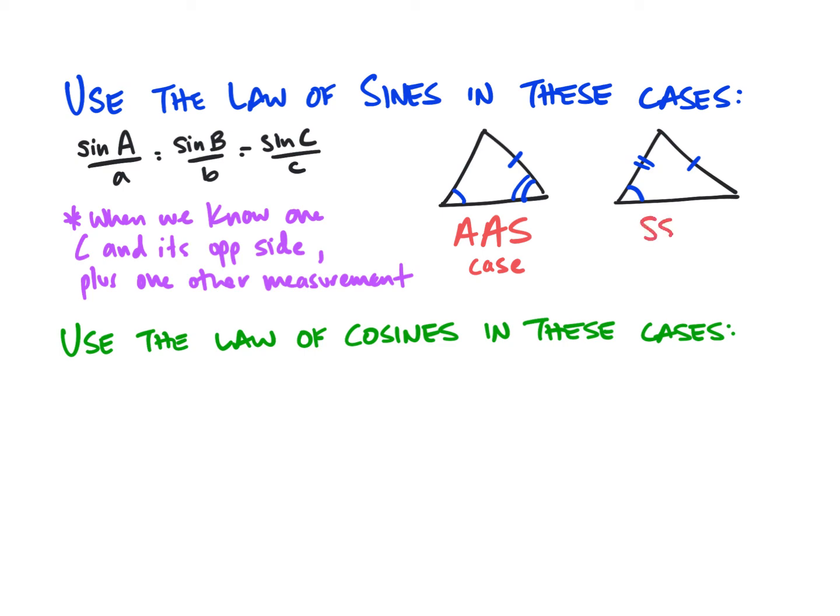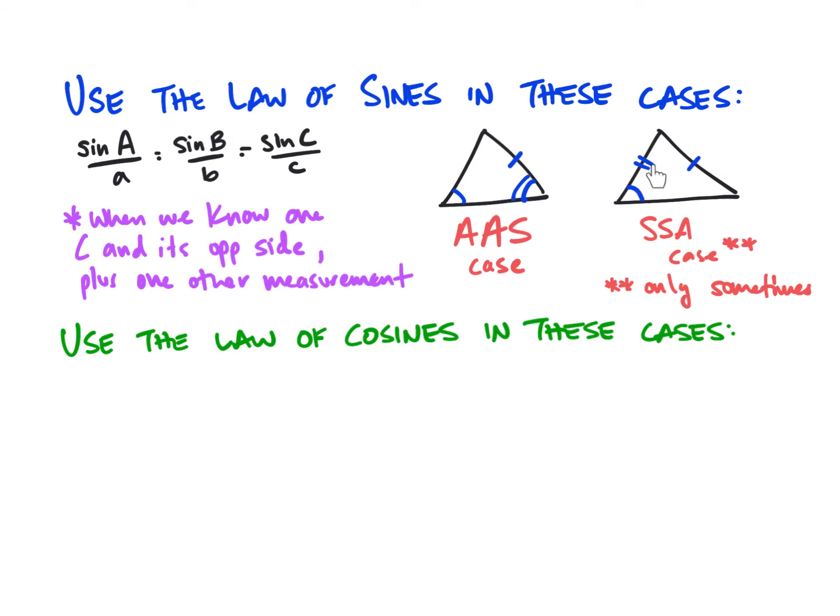In the side-side angle case, sometimes we're able to use the law of sines, right? This is only sometimes. And the reason that it's only sometimes is if I have this information, sometimes there won't actually be a triangle that can be made using certain measurements for this angle, this side, and that side.